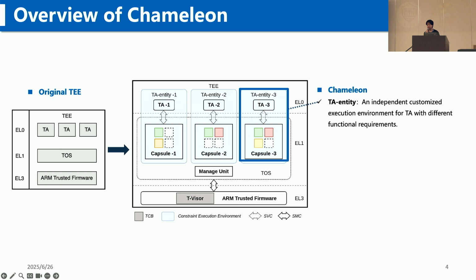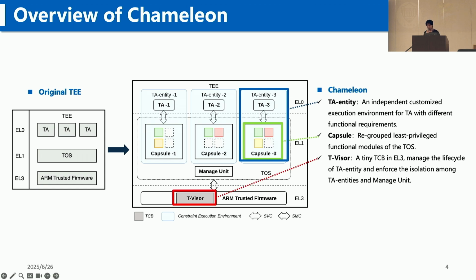The original TOS is partitioned into a managed unit and sets of capsules. Capsules provide customized, constrained TOS functionalities for the TA, following the principle of least privilege. The T-visor is a tiny TCB in EL3, managing these TA entities and enforcing the isolation.